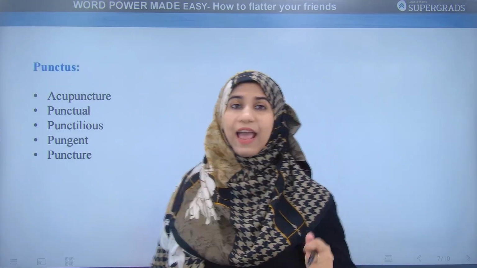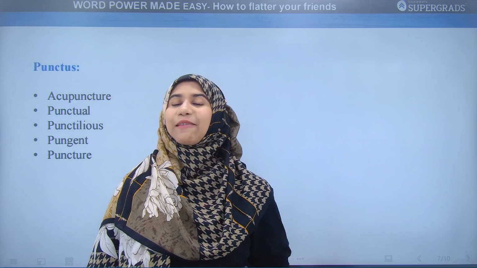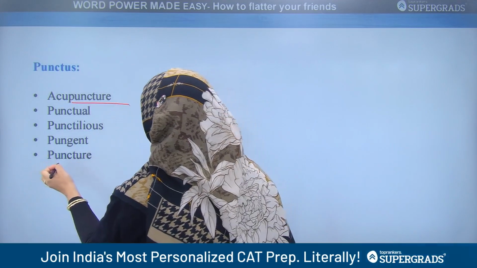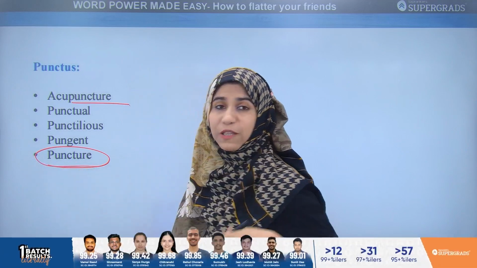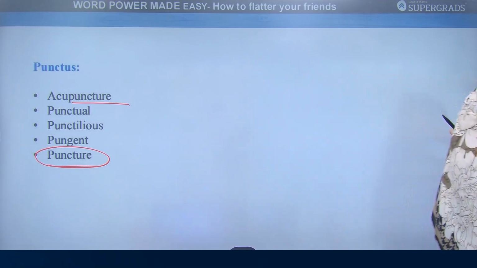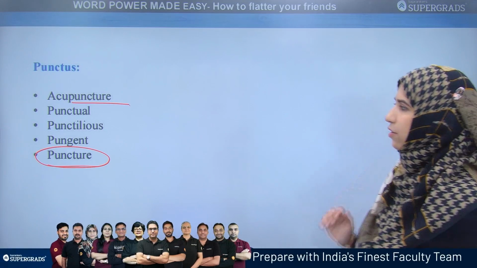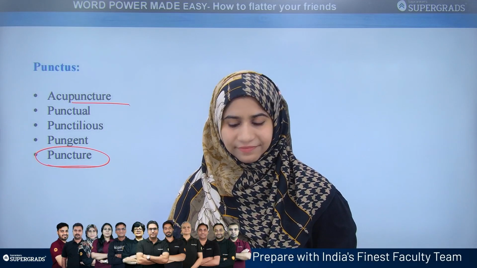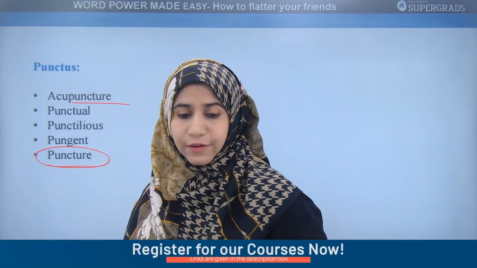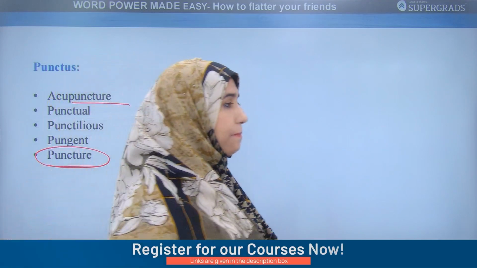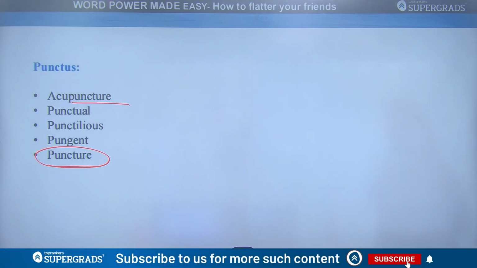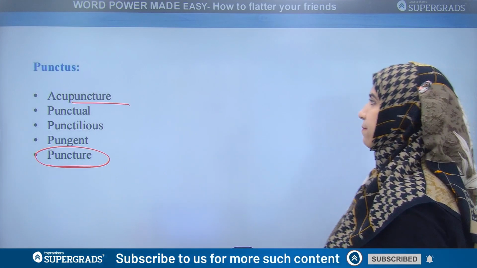We had done acupuncture, so it's time to do the root behind this word, puncture. See, such a common word. We commonly keep on speaking about this. Puncture, ये puncture हो गया, tire puncture हो गया, and stuff like that. What is to puncture? To prick holes, है ना? So you have to understand what punctus as a root means.